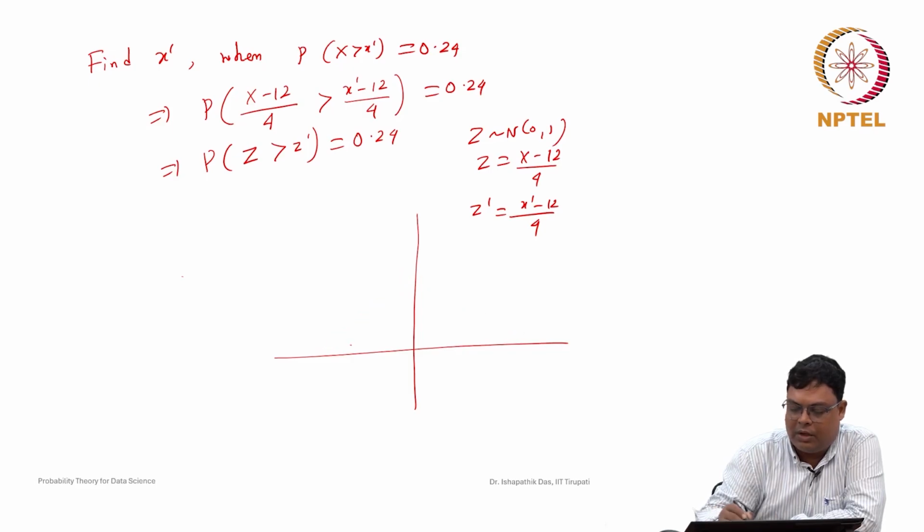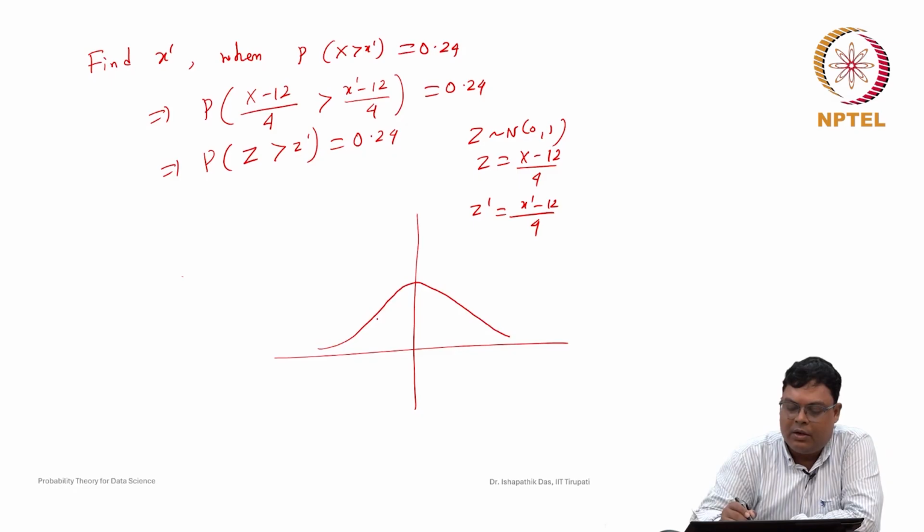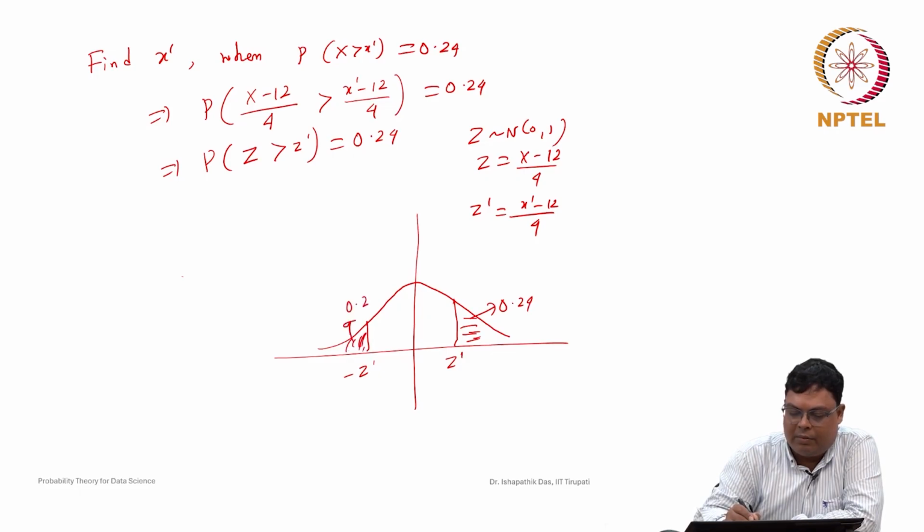Suppose z dash is some value here, with z greater than z dash being greater than 0, and this area is 0.24. By symmetry, at minus z dash the area on the other side will also be 0.24.